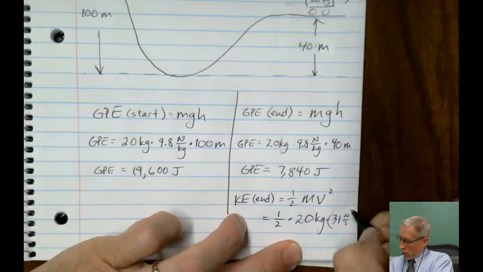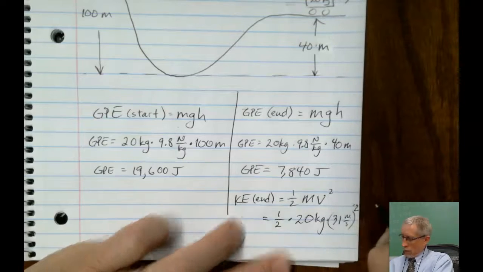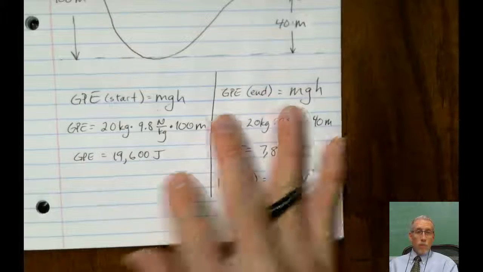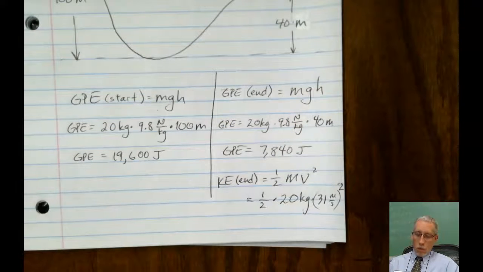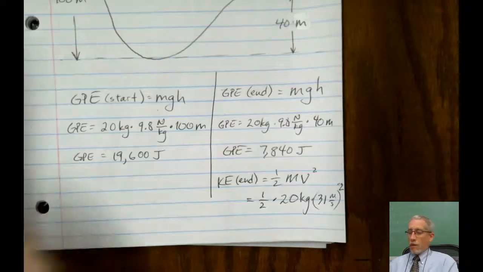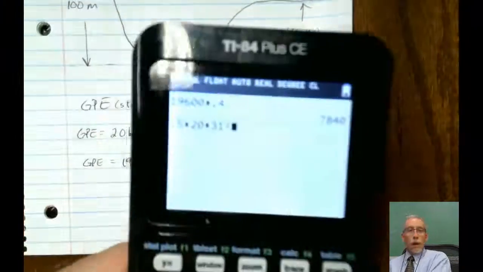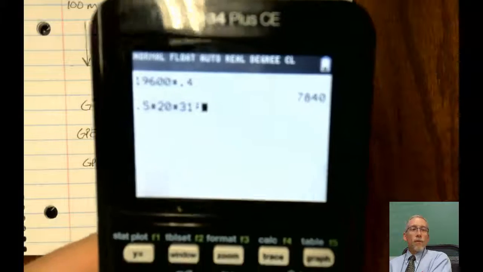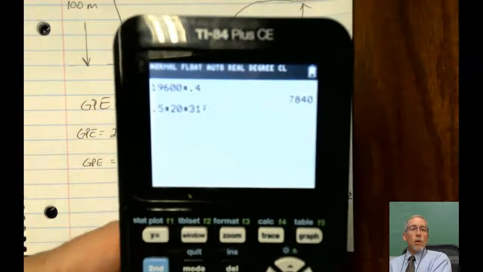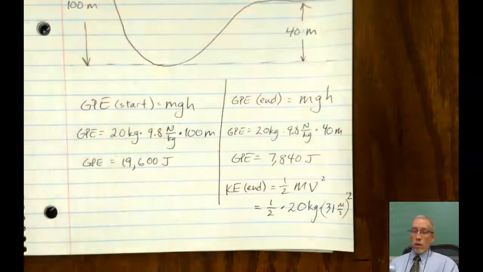And that number, this is another thing I see. People forget to square that number. Okay? So we'll multiply those. Now on my fancy calculator here, can you see this? Let me hold it a little higher. 0.5 times 20 times 31 squared. I don't want to square the whole thing.